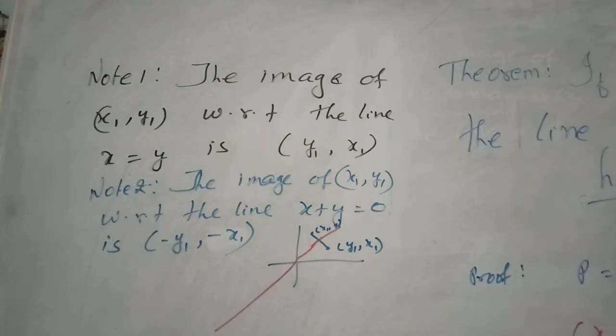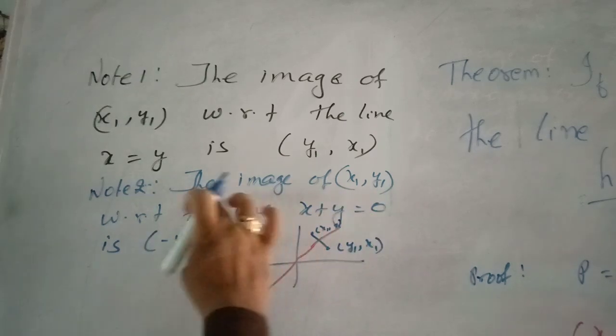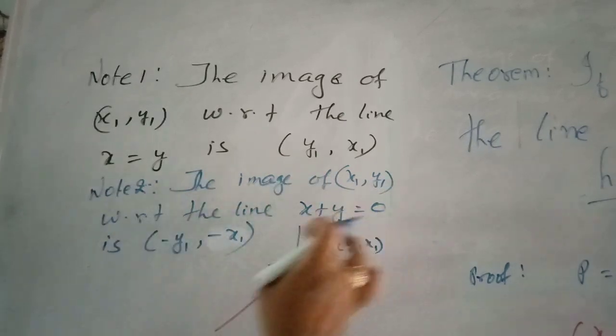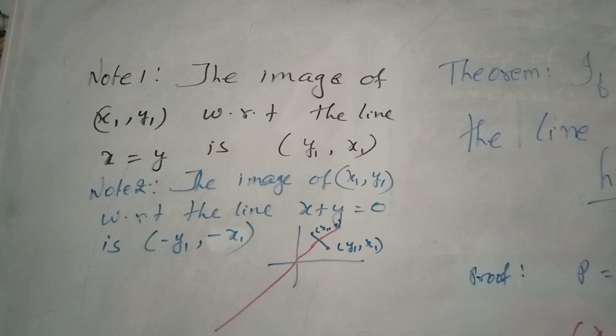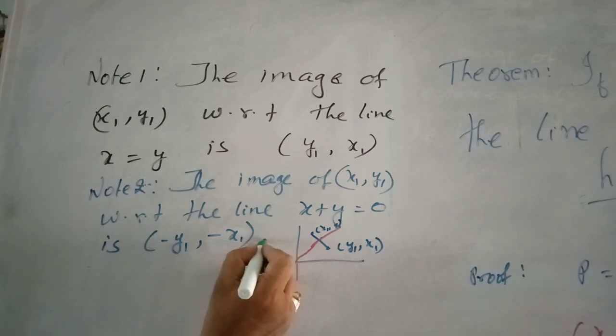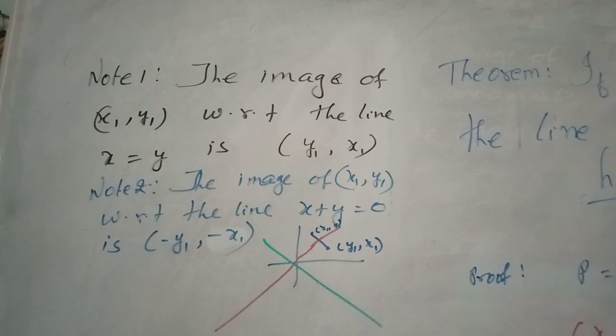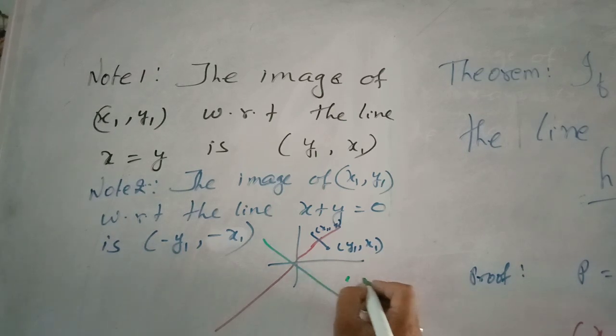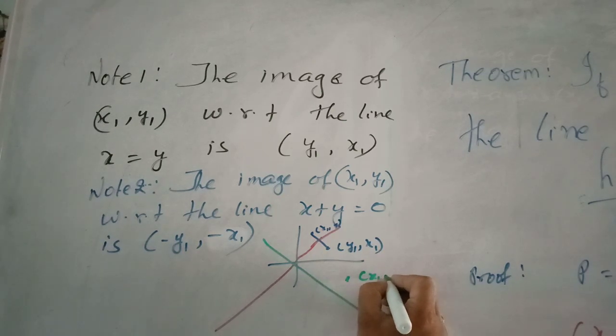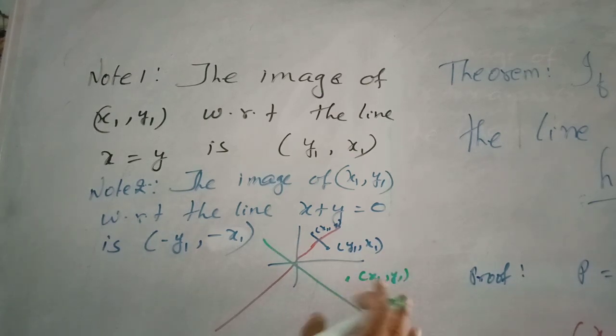So similarly, the image of x1 y1 with respect to the line x plus y is equal to 0. See, the line x plus y is equal to 0 will be like this. The image of this point, suppose I take this point is x1 y1, where x1 is greater than 0 and y1 is less than 0, some negative.